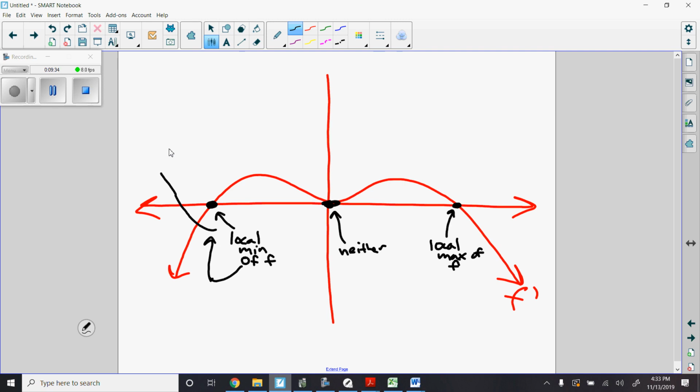Okay, for the next stretch here, from left dot to middle dot, I know that my function f must increase that whole time because f prime is positive that whole time. Okay? But it's going to start to flatten out by that second dot.